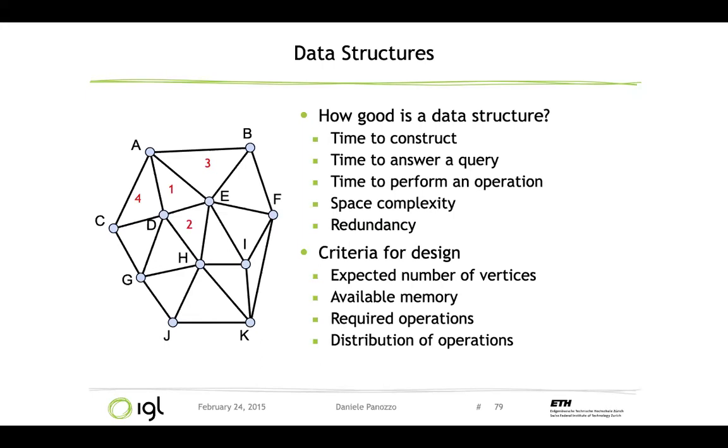We can decide what is a good mesh by analyzing the time to construct the mesh, the time to answer a question, the time to perform an operation, how much space it takes, and whether it's redundant or not.